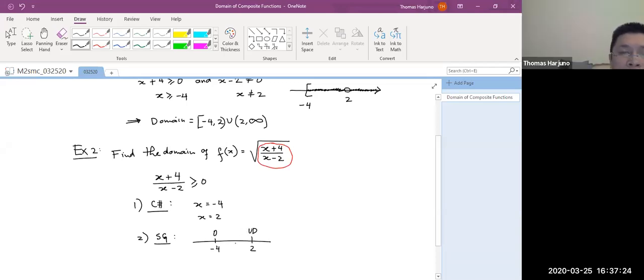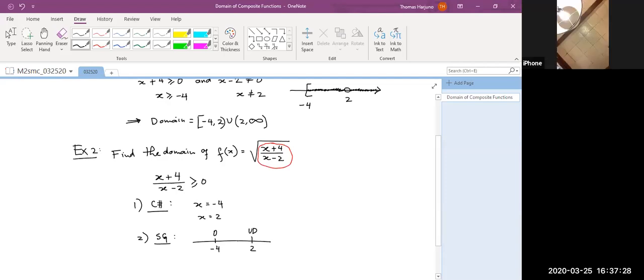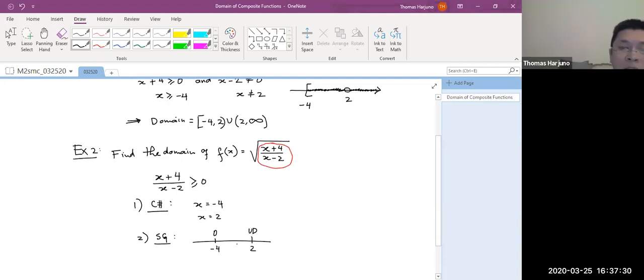And using the knowledge we had from last time, we see, for example, the y-intercept here, when x equals 0, the y will be -2, which is negative. Notice that x equals -4 is a 0 with multiplicity of 1.